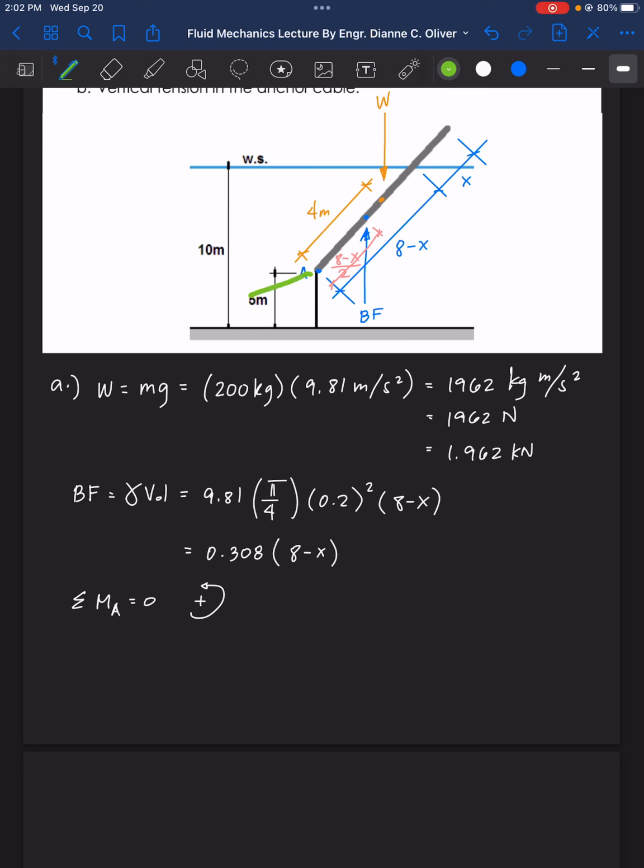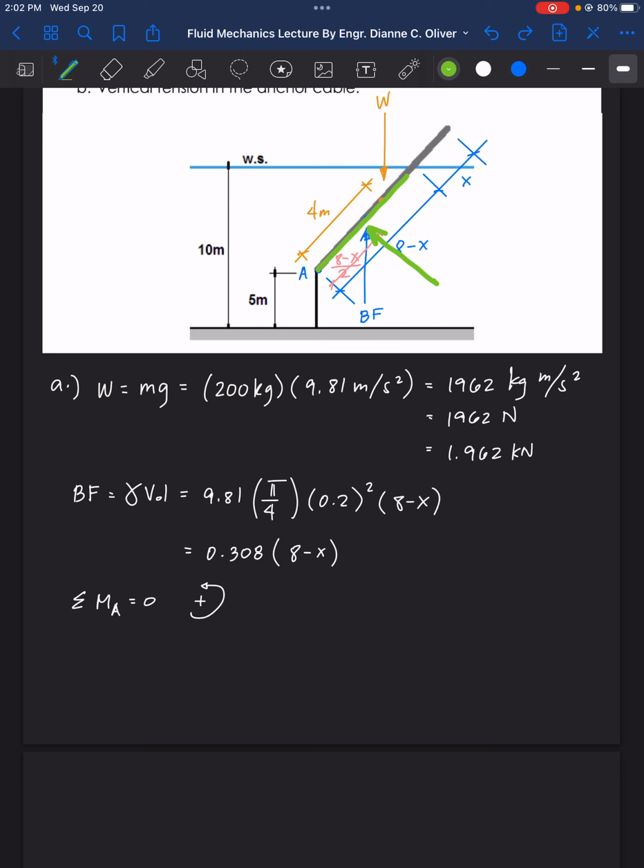So we need the buoyant force to be perpendicular to it, and the weight also perpendicular to the moment arm. So we need the W here and the buoyant force here.